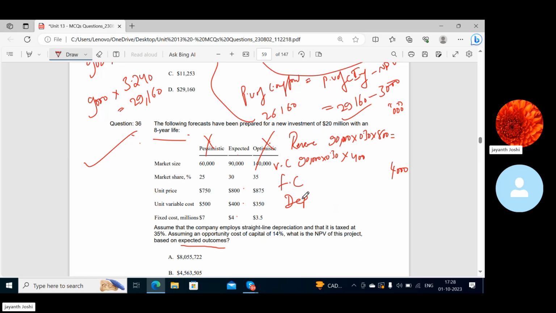They have said that 20 million is the investment, and it's for 8 years, right? So can you calculate and tell me how much that is? 2,500.